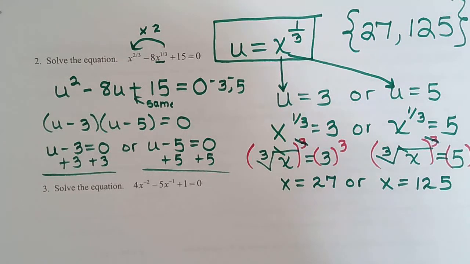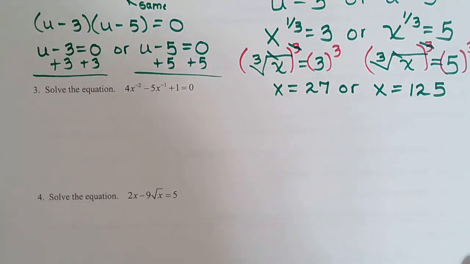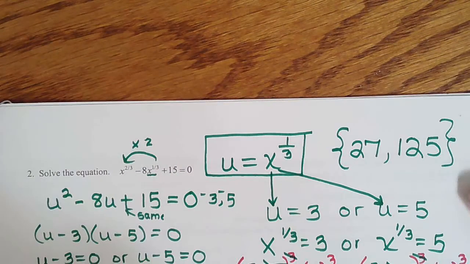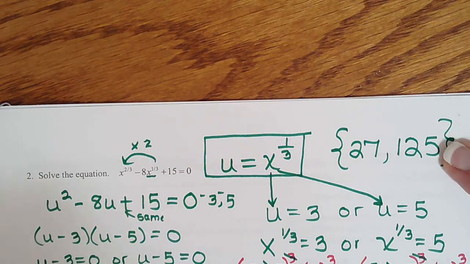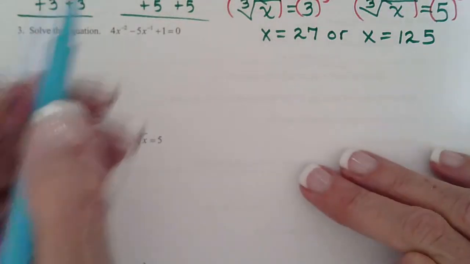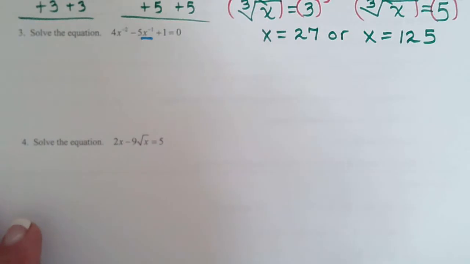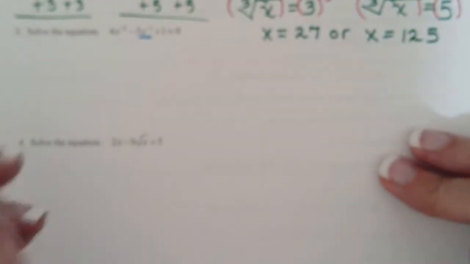Okay, we're going to get cut off on this next one, but let's go ahead and start on it. Can't waste good video time. So everybody wrote down the solutions, right? Okay, so let's decide what u is. Look at the variable in the middle term. So that's x to the negative 1. So that will be my u.